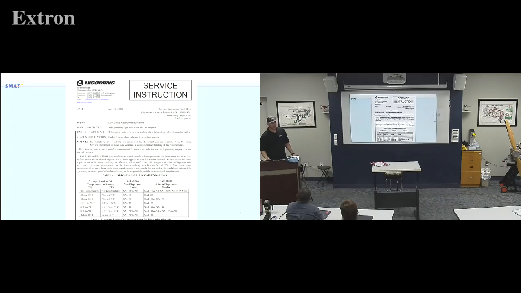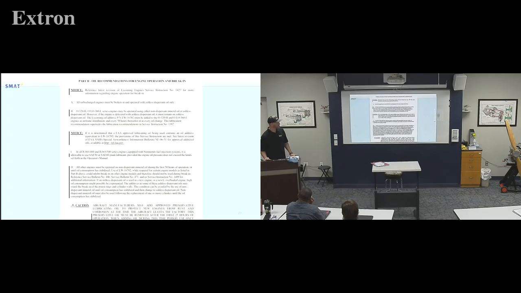You know, you're like, man, I love STP and I'm just going to add that to my oil. Continental's pretty specific: don't add anything to your oil, because what you add, we haven't tested, and we have to certify your engine's going to keep working. So you have to be very careful to only use the additives that are approved. So here's the service instruction saying, yep, this additive is approved.